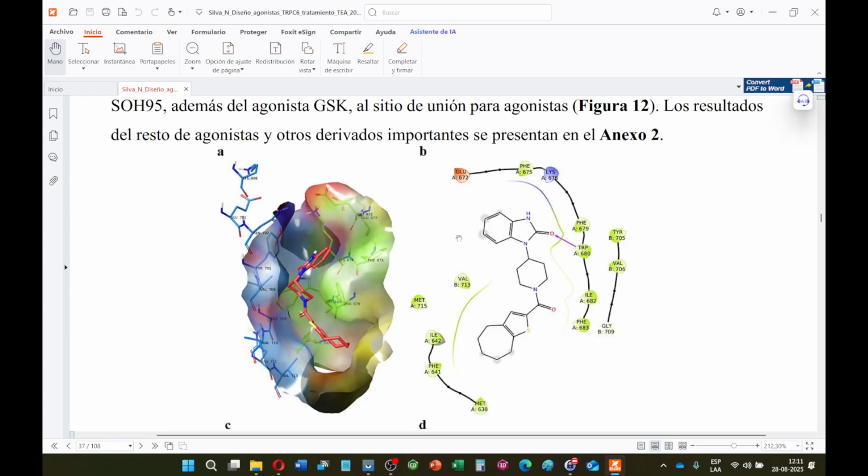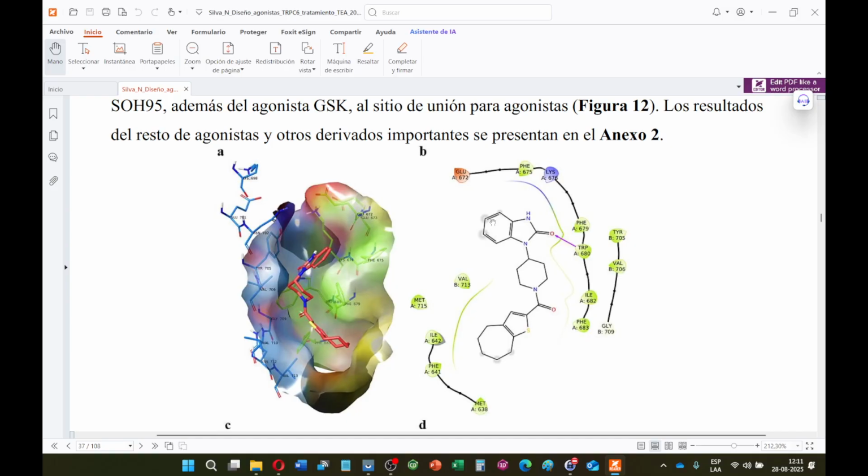Question: does it have some group that can be charged at pH 7? Which nitrogen? Look carefully at this nitrogen: it is neutral. I always get annoyed with that cycle, because we do not know the names of the heterocycles, piperidine very well.